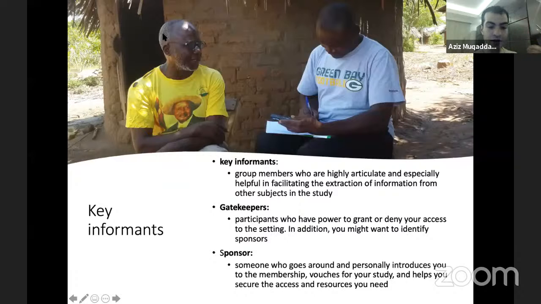It could be the same person as the key informant, but typically you would need that. Unless you're doing an ethnography in a public space, like a public park or a theme park, or you just sit on a college campus, you would need a gatekeeper.